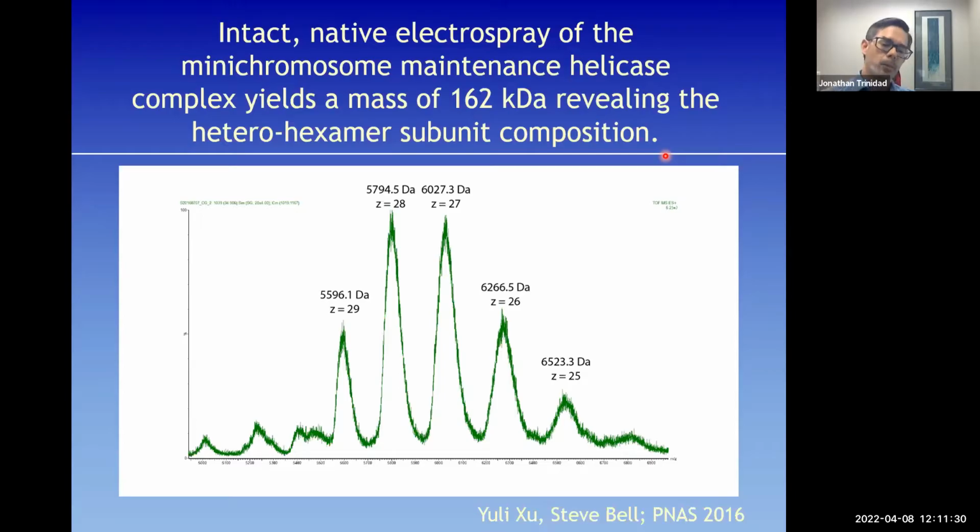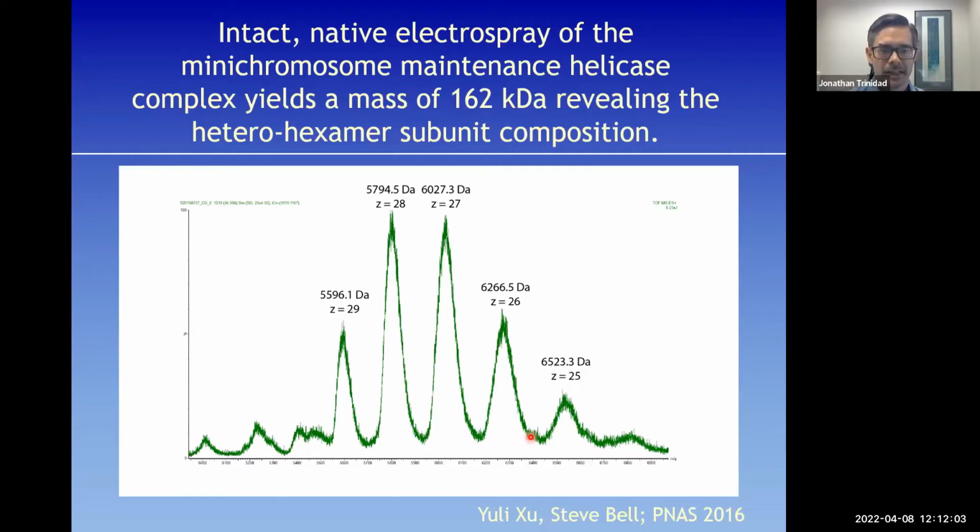But we can just spray these things under gentler buffer conditions with more amenable electrospray voltages and temperatures, and get, in this case, a heterohexamer mass. And you can see, of course, the data is much less intense because the ionization efficiency of these things is an order of magnitude lower than that of the standard LCMS.